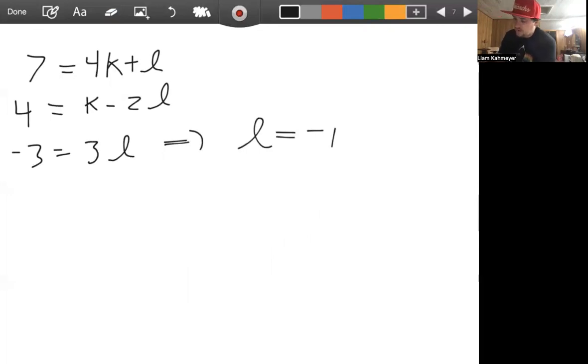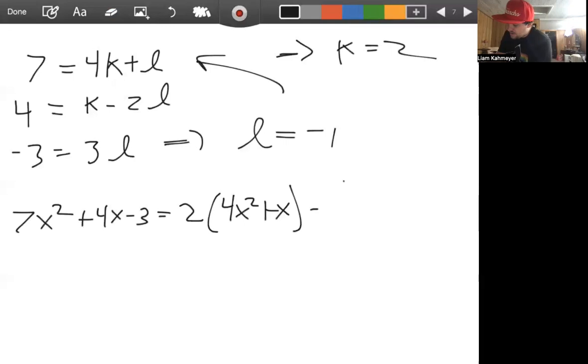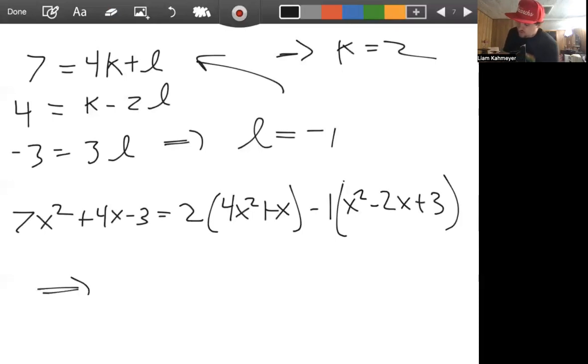Plugging L equals negative 1 back up to the top gives us that 4K equals 8, which implies K equals 2, which means that 7x squared plus 4x minus 3 is equal to 2 copies of 4x squared plus x minus 1 copy of x squared minus 2x plus 3, which shows that this element is in the span, right?